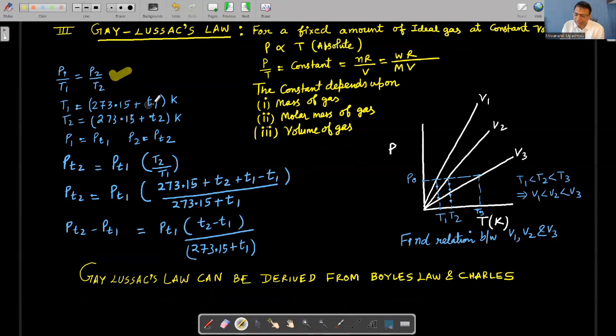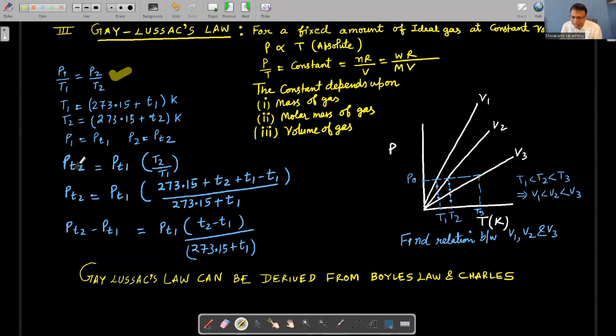And again, if we want to write Gay-Lussac's law in a different form, like here I am writing that temperature is T1 and temperature is T2. T1 I have taken as T1 degrees Celsius, T2 I have taken as T2 degrees Celsius. So pressure at T1 is equal to P1. So P1 is denoted by PT1 and P2 is denoted by PT2.